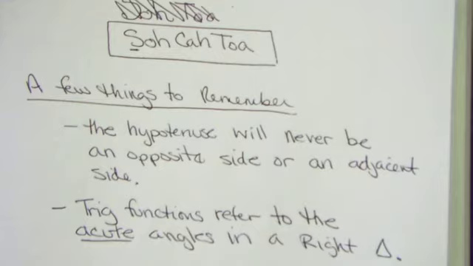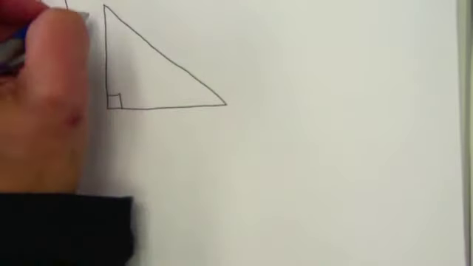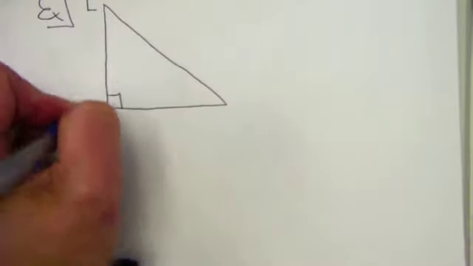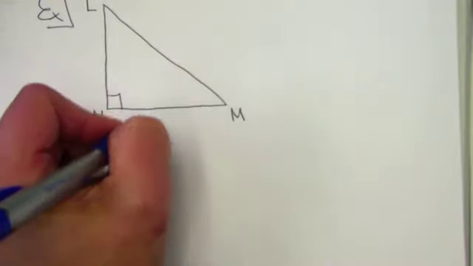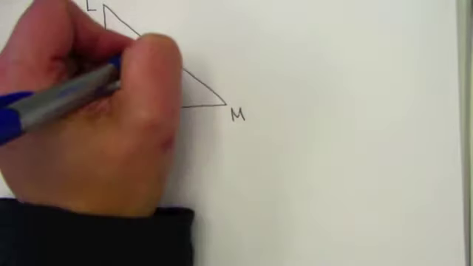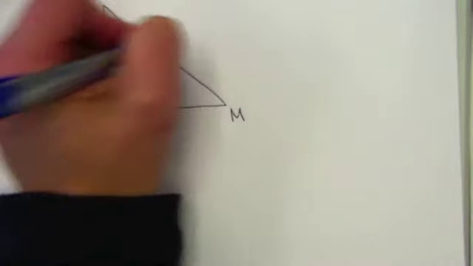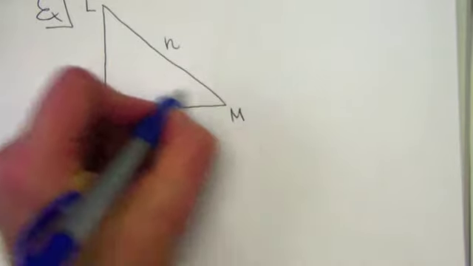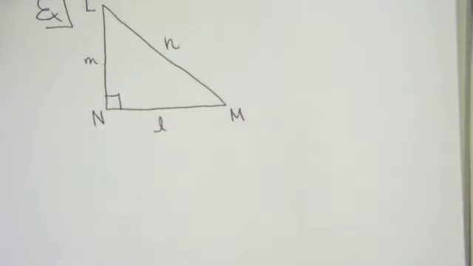I'd like to go over 2 examples with you. The first example, just to work on some vocabulary. Here is triangle LNM. Opposite angle L is side L. Opposite N is little n. Opposite angle M is little m.